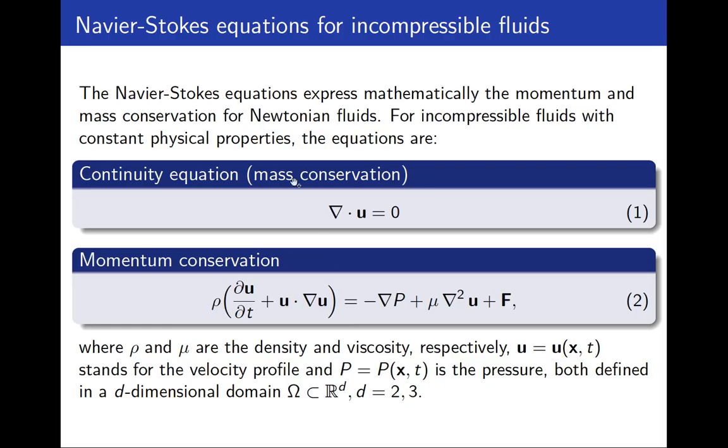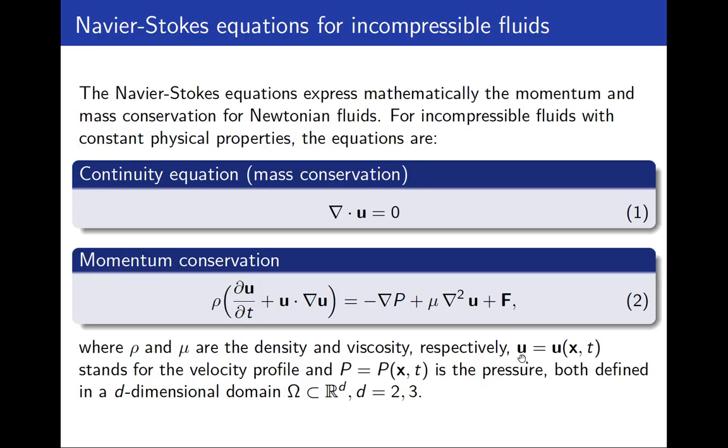These equations are expressed in bold letters. That means that we have vector quantities. So the velocity field is a vector quantity, and F can be, for instance, the gravitational vector. As I was mentioning before, we have two physical quantities that are physical properties of the fluid: the density and the viscosity of the fluid.